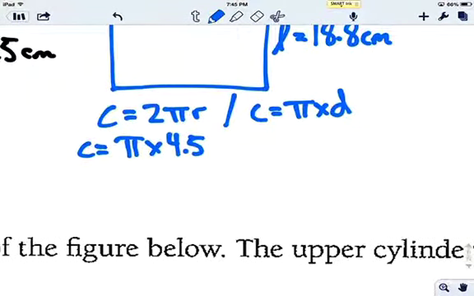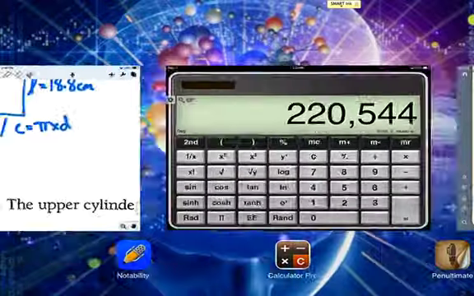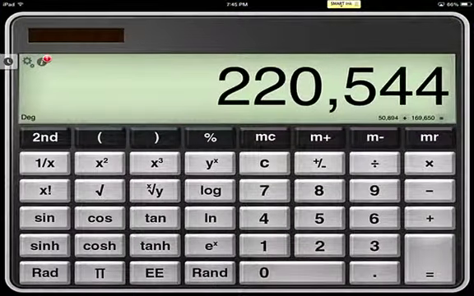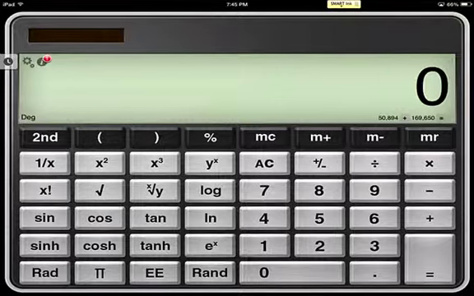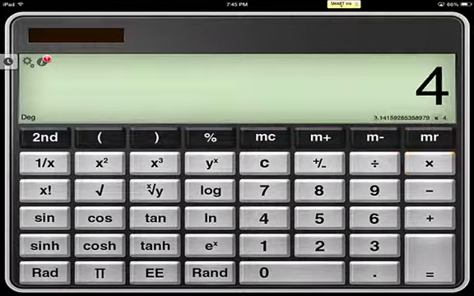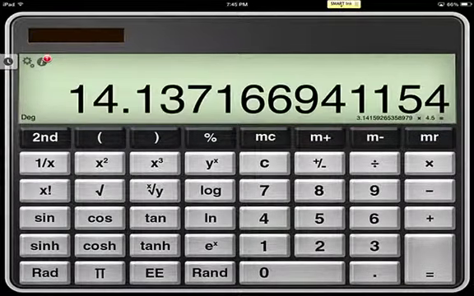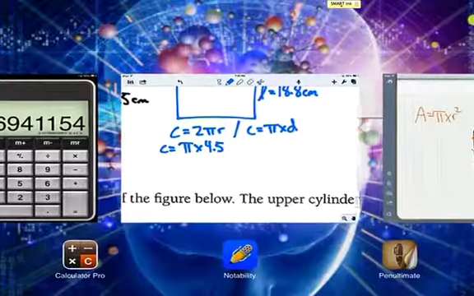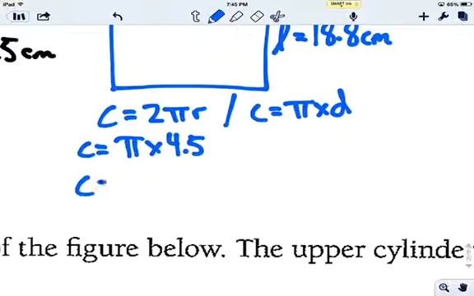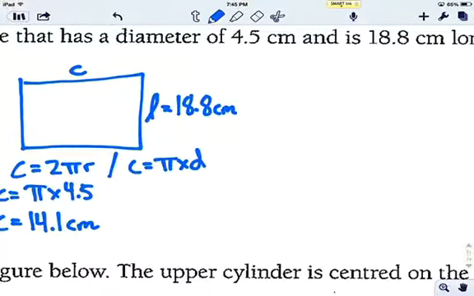Okay, and let's calculate that. So we have pi times 4.5, and that gives us approximately 14.1. Okay, so that circumference is about 14.1 centimeters.